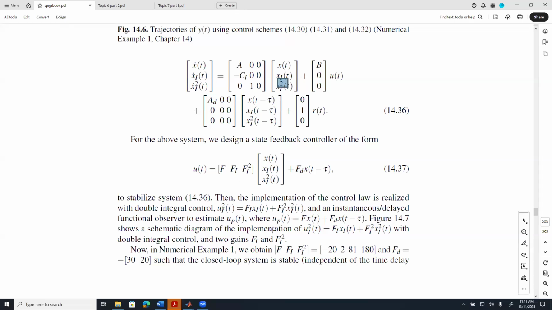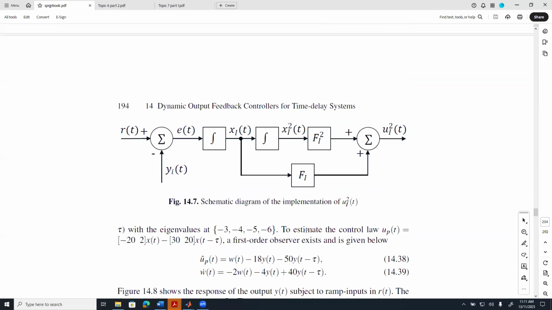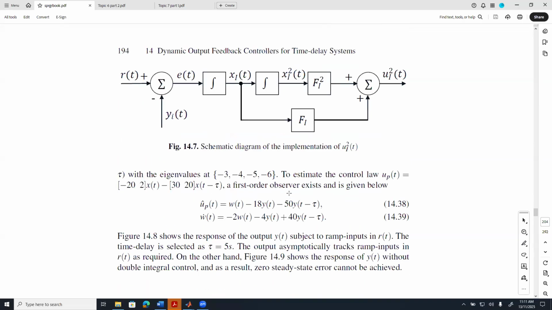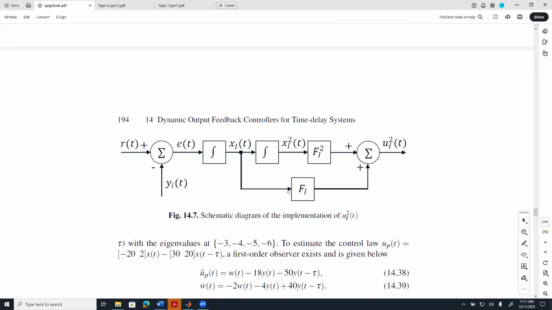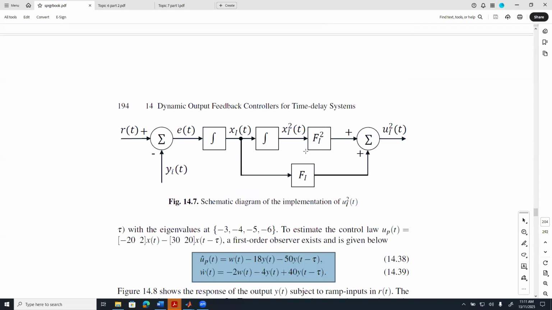We introduce another integrator, and then we get the state feedback control law, and then we split that into the unmeasurable bit, and then we estimate the unmeasurable control law directly using a generalized functional observer. Okay, so this is basically the scheme with two integrators in there.